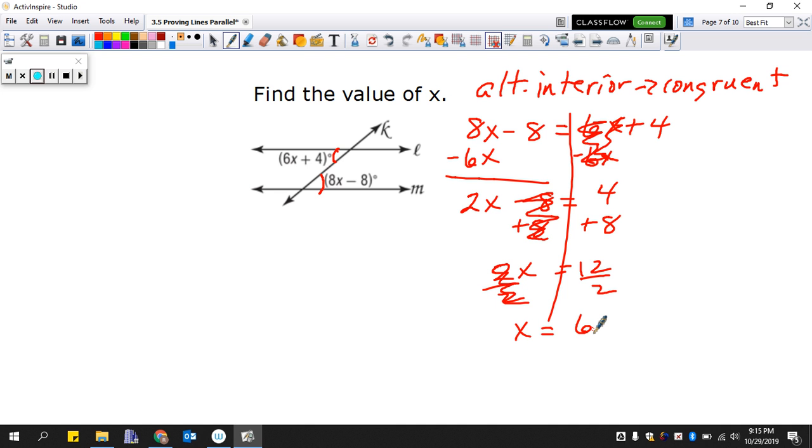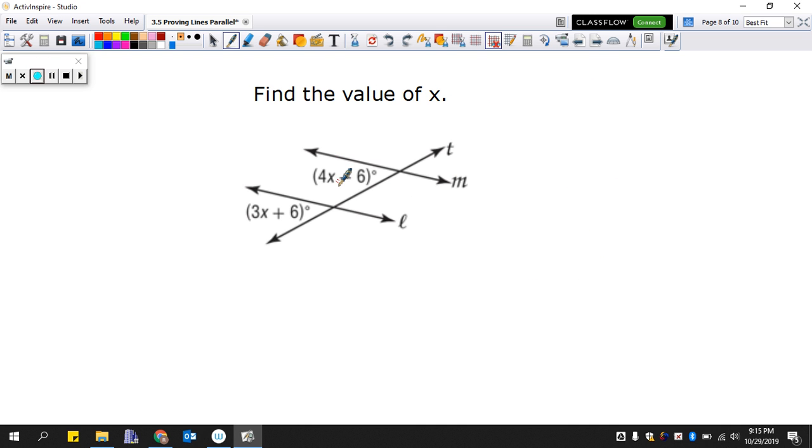All right, next one says find the value of x. If we look here, this angle is a 4x minus 6 and this angle is a 3x plus 6. 4x minus 6 is interior and 3x plus 6 is exterior, so we can see that these are corresponding angles.